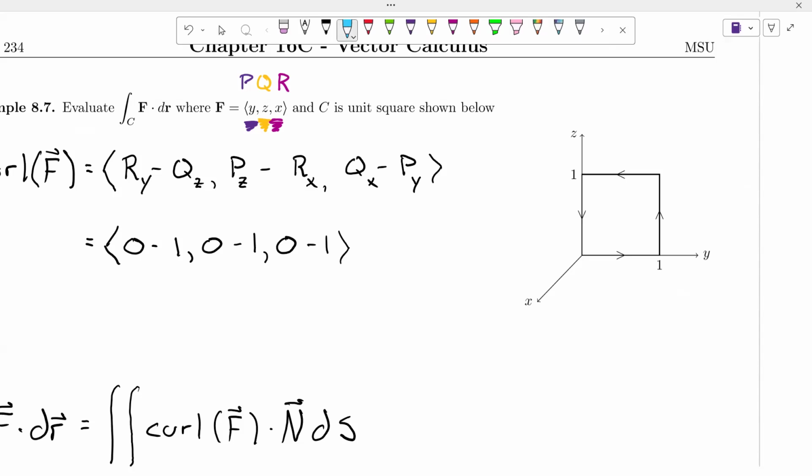And again, we should hopefully find a normal vector that points in that positive x direction. So n is going to be this vector right there. It should be a unit vector. So this is going to be 1, 0, 0. And then we can go calculate that thing.